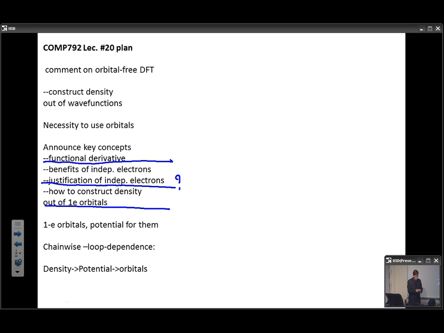And the practical ways these two steps are done also need to be discussed.